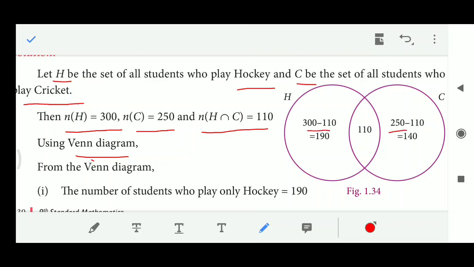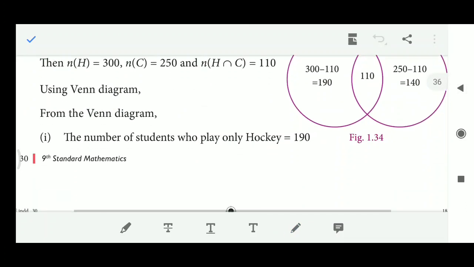Then substitute the given values 300, 250 and 110. Then subtract this 110 from H as well as from C. So if you subtract this, you will get 190, and then 250 minus 110 gives 140.